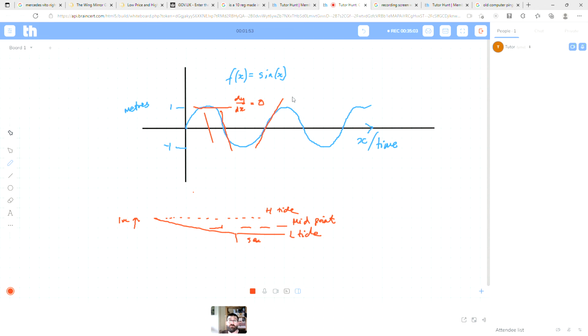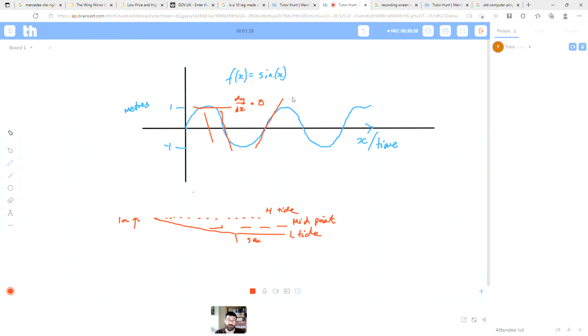So that is just a little bit of understanding to do with the gradient and how that helps us understand simple harmonic motion. If we've got meters or centimeters or millimeters on our y-axis, our dy/dx is going to be meters or centimeters or millimeters per second. It's going to be the speed of the thing.